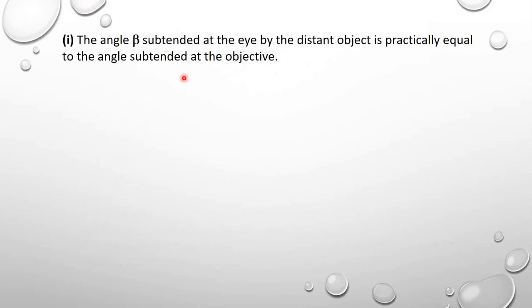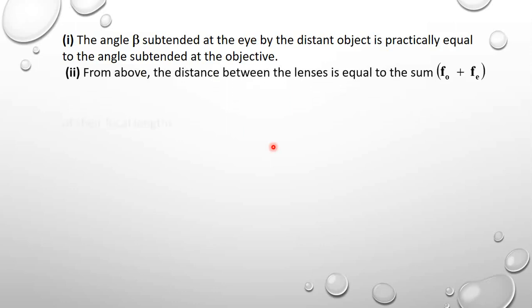Then the other thing we need to note is that from that diagram still, the distance between the lenses is equal to the sum of their focal lengths. As we have seen, f0 plus Fe gives you the distance between the lenses.